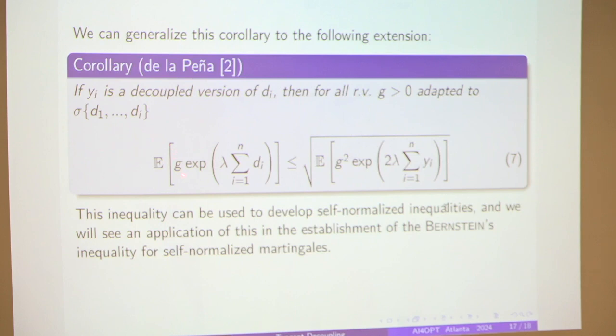Then the expected value of g times the product of the moment generating function of the d's is bounded by the square root of the expected value of g squared times the moment generating function of the decoupled ones. So what you do is the constraint on the d's can be transferred to a constraint on the y's. So you're tying things up.